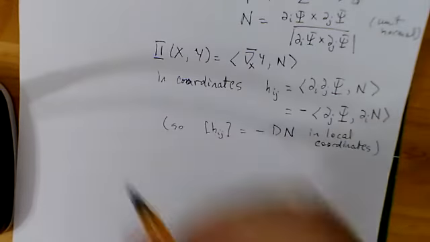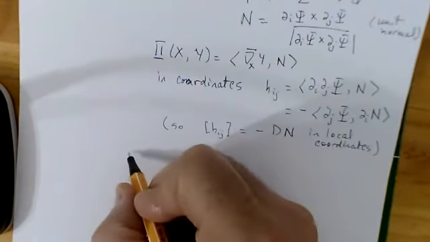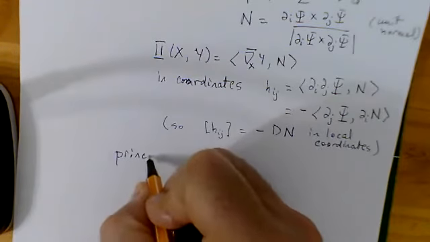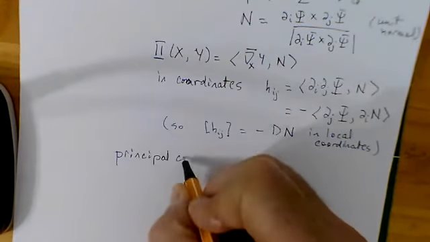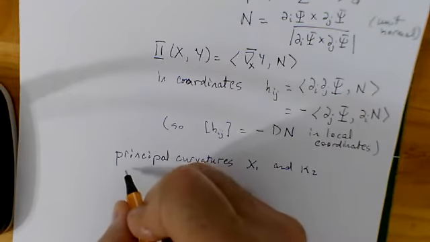Okay, and then subsequently we were able to write down some principal curvatures, kappa 1 and kappa 2.